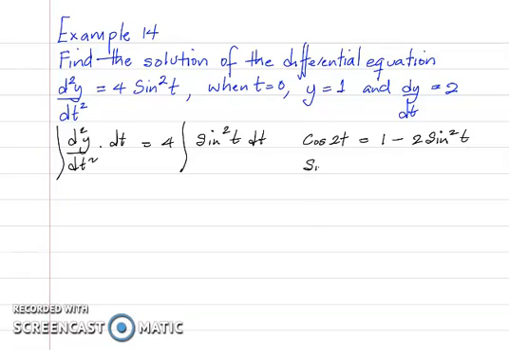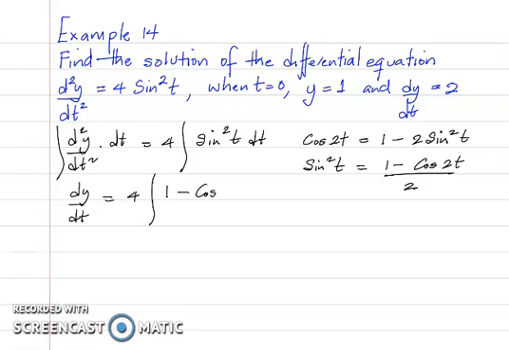So sine square t would be equal to 1 minus cos 2t over 2. So if I integrate d2y by dt squared with respect to t, I'm going to get dy by dt. And this is equal to 4 times the integral of 1 minus cosine 2t over 2 dt.